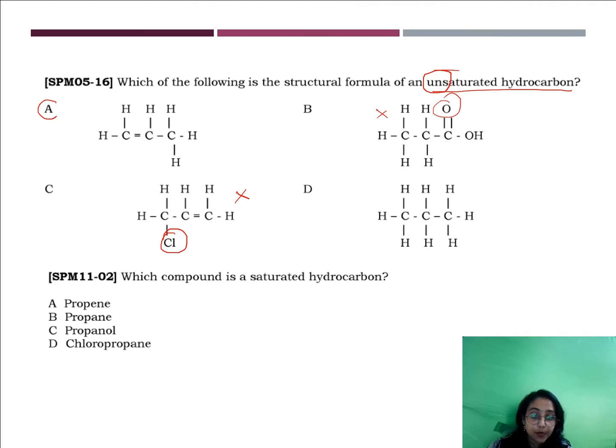So now let's look at the second question. Which compound is a saturated hydrocarbon? If you look here, students, the compound is not shown, but they have given you the name, right? So again, we go back to your understanding of the concept. Saturated hydrocarbon.